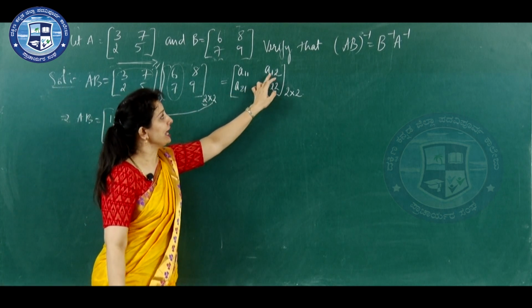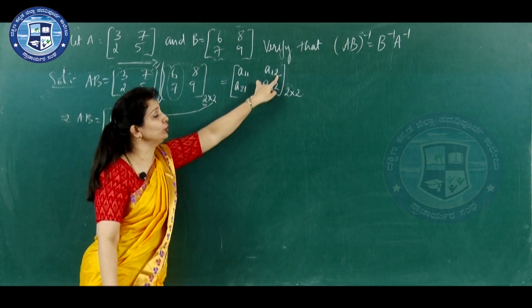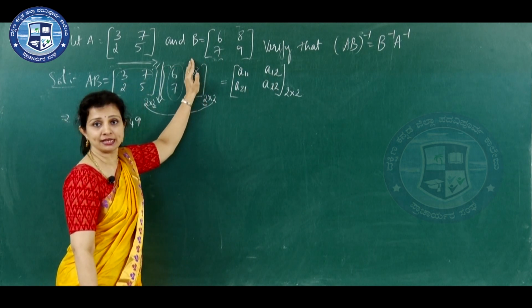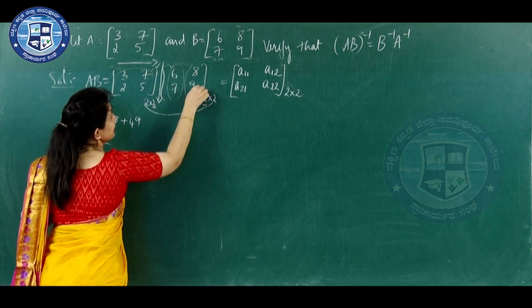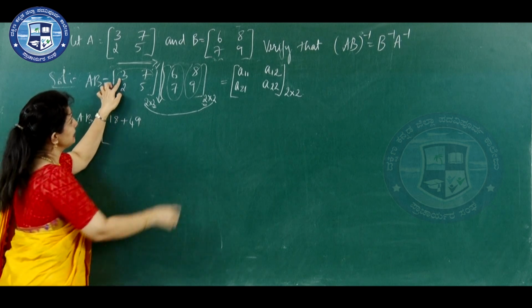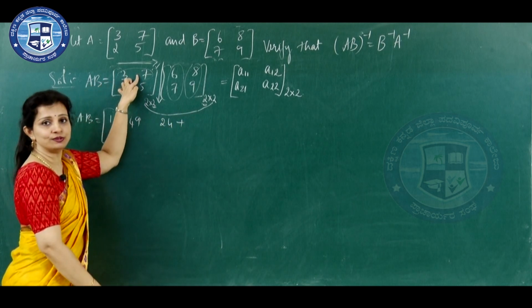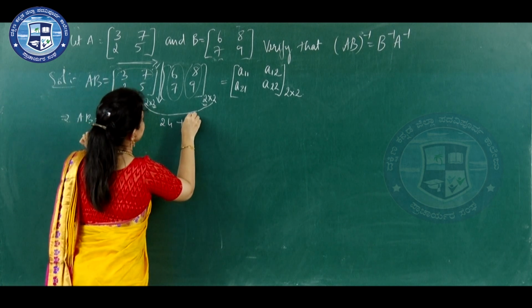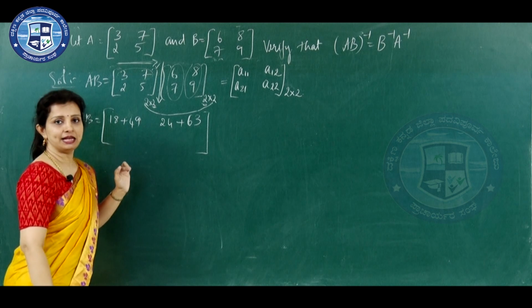Now, what do you mean by A12? First row elements multiplied by the second column elements, the 2 represents the column. So, 3 into 8 is 24 plus 7 into 9 is 63. Second element we got.